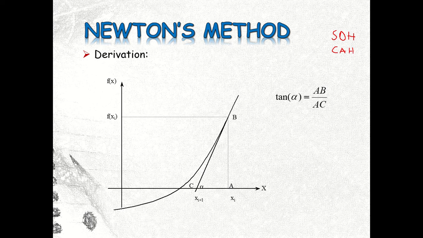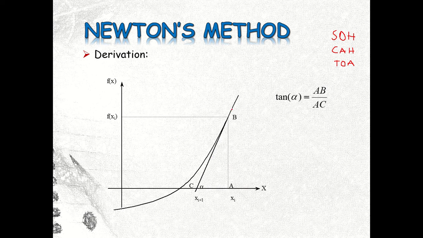So in this case, we will use tangent. We have to make use of the height of the function, and also this increment, because this will change as you vary the position of the tangent line.